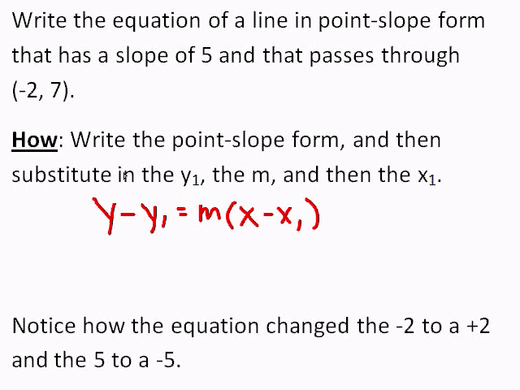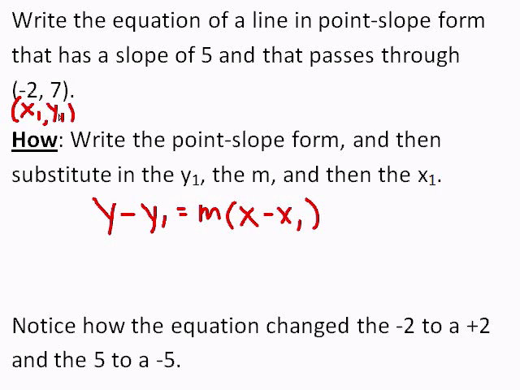Then we need to substitute in the y1, the m, and the x1. But where do you get the y1, the x1, and the m from? Well, the x1, y1, those are going to come from our point. Since we only have one point, we denote that that's our first point by making it an x with that smaller 1 down below, and y with that smaller 1 down below it as well.